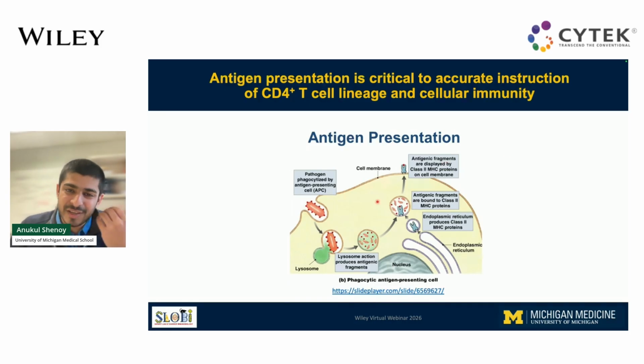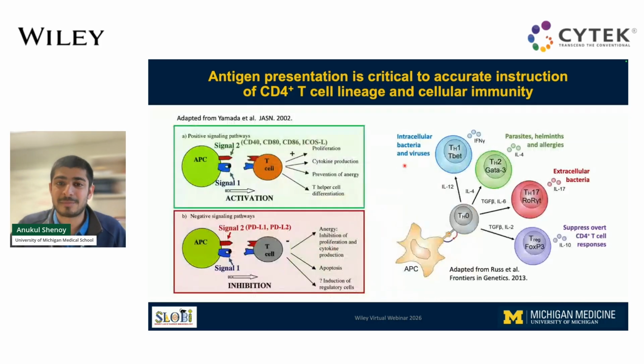Our professional antigen presenting cells, like a dendritic cell, a macrophage, a B cell, have to eat up exogenous antigens like a pathogen, break it into small peptides, and put these peptides on the surface of a molecule, MHC class 2 here. And this MHC class 2 with the pathogenic peptide on its surface plays a very, very important role in translating the innate immune response into an adaptive immune response.